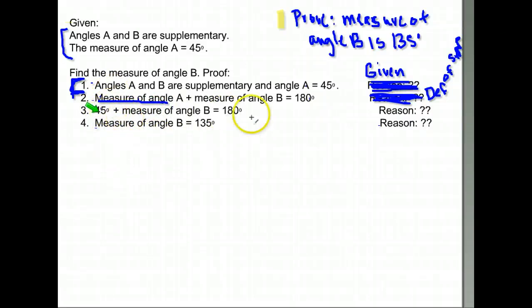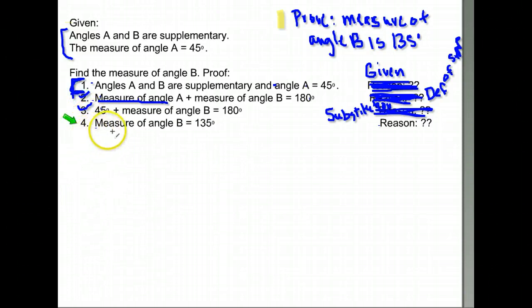Why could we do that? Because up here in our given information, we were told that angle A was 45. So we could replace it. Anytime you replace something with something it's equal to, that's called substitution. Okay, so we've justified step 3.